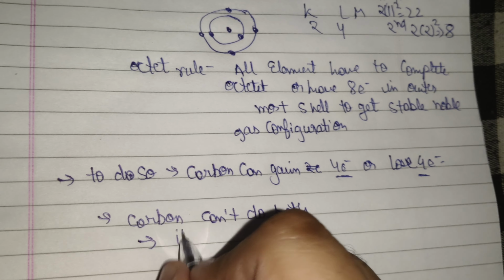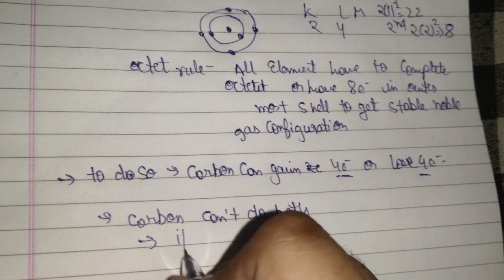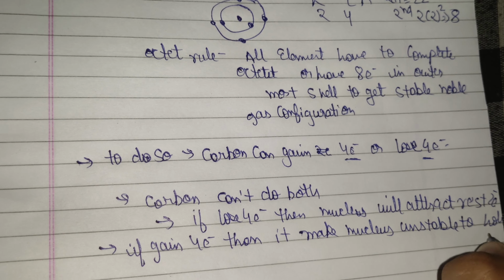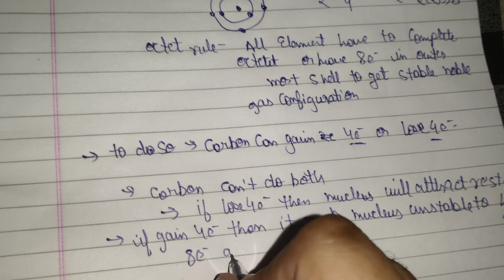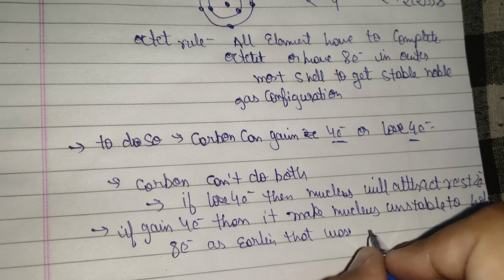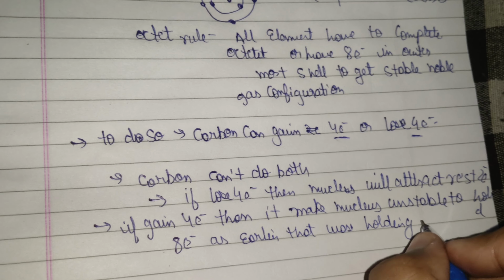Because if it loses 4 electrons, then the nucleus will attract the remaining 2 electrons. If it gains 4 electrons, it makes the nucleus unstable to hold 8 electrons, as earlier it was holding 4 electrons.